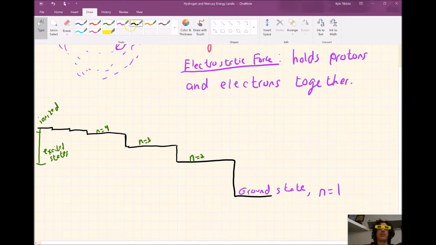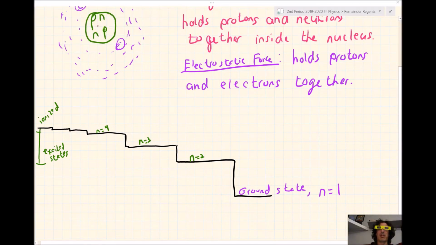Now, most people, and electrons can do this, when they walk up steps take one step at a time. So an electron could go from n equals 1 to n equals 2. It could go from n equals 2 to n equals 3, from 3 to 4, and so on and so forth. But if you're like me, and when you walk up a staircase you take 3 steps at a time, an electron can also do that.